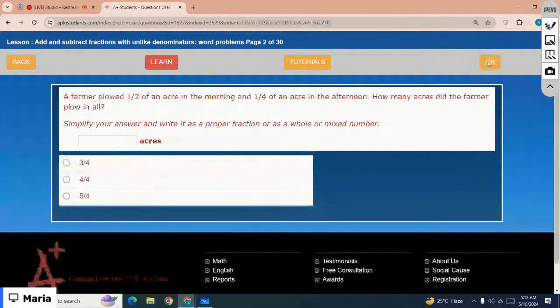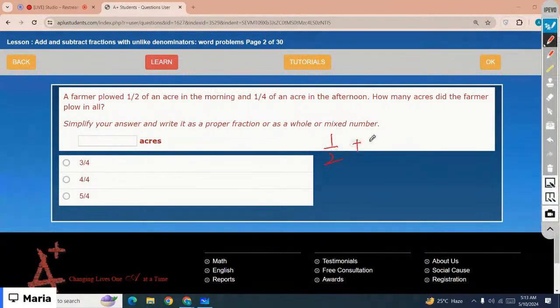Okay, let's just start with the next one. A farmer plowed half of an acre in the morning and one fourth of the acre in the evening. How many acres did the farmer plow in all? You need to add one half and one fourth, right? Let's just add 1 by 2 and 1 by 4. You have to make the smaller denominator equal to the greater one, right?